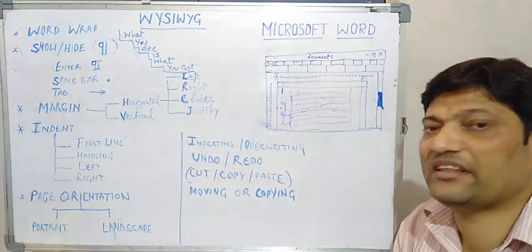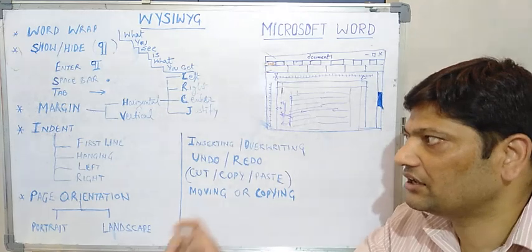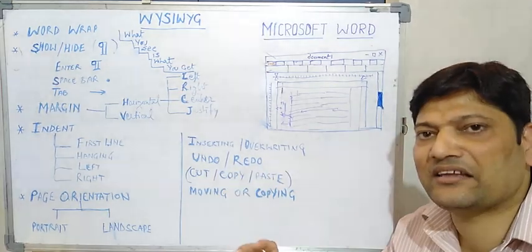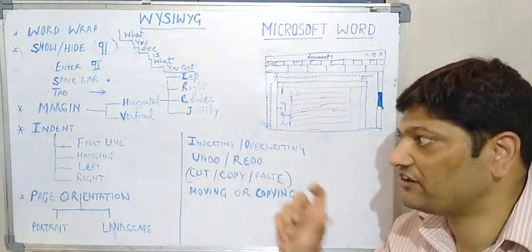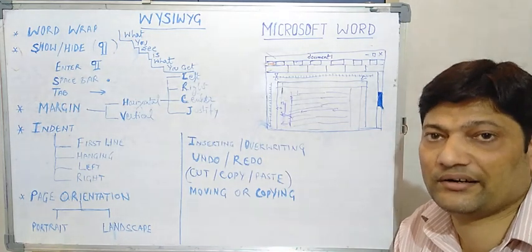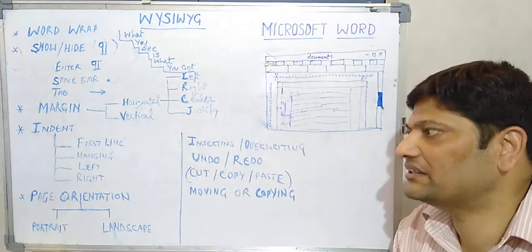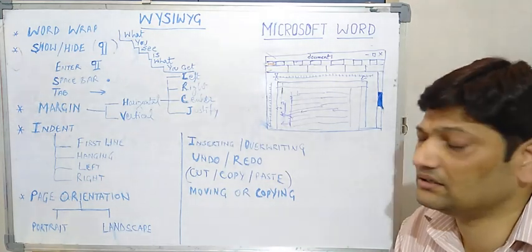And it is possible that you can utilize more than one indent. You cannot use first line and hanging indent together, but first line indent can be with left indent as well as right indent, whereas hanging indent can be applied along with left indent and right indent.